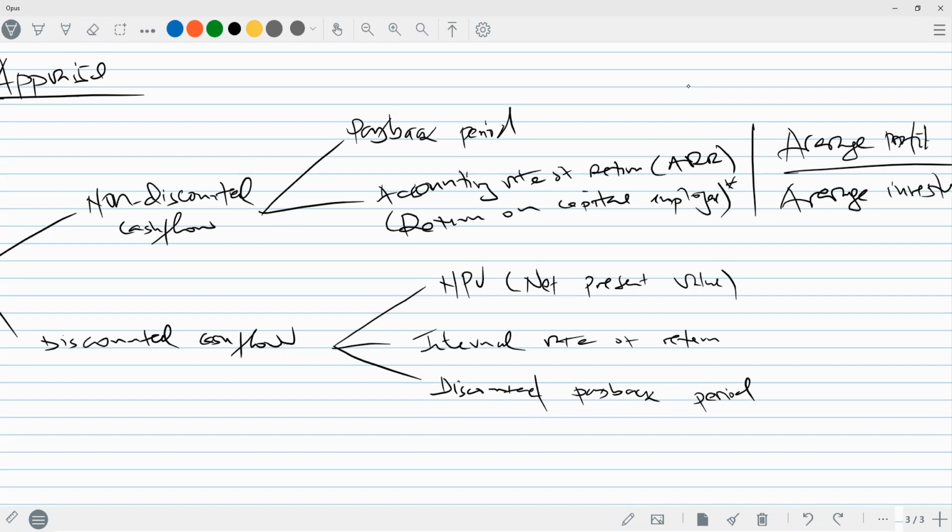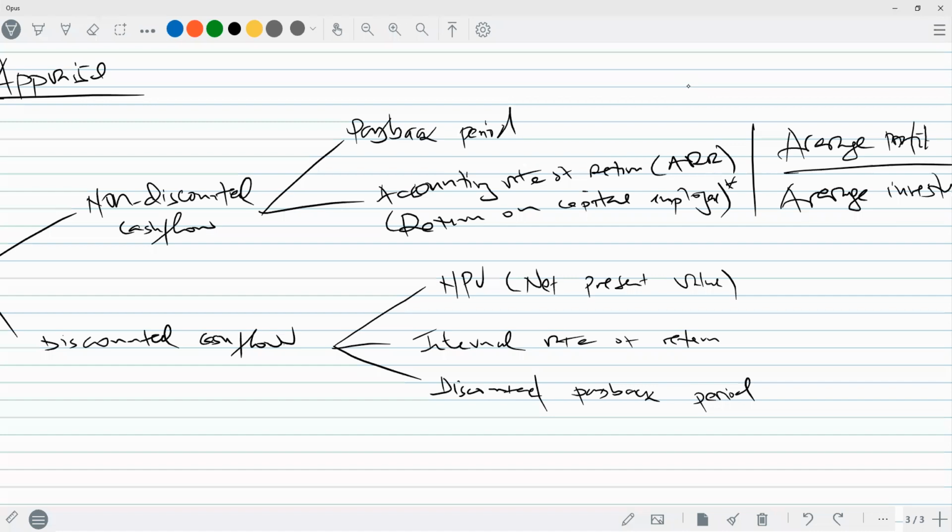Now, what's the difference between these three methods? NPV is simply the excess of the present value of cash that we are able to generate from this project over how much we spent on it. We spent 1 million, but how much cash do we receive from this investment over its entire life?